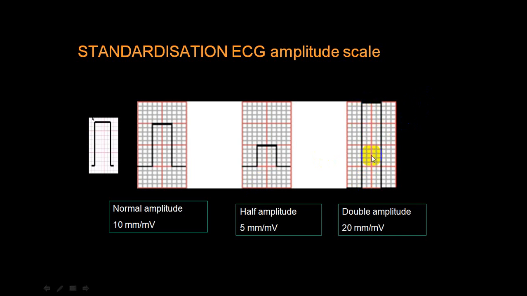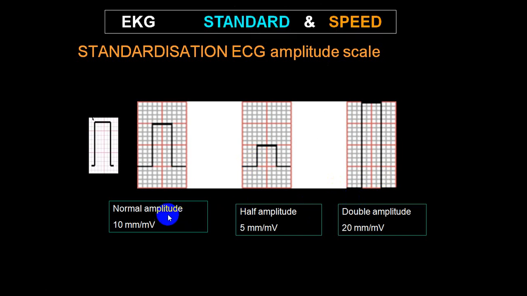If it is 20 millimeter, it is double standardization, and if it is 5 millimeter, it is half standardization, or half amplitude, and this is normal amplitude. Always it is taken at the normal amplitude. Half amplitude is taken only when the QRS complex is very big, a very high voltage, and double amplitude is done whenever the QRS complex is of very low amplitude.